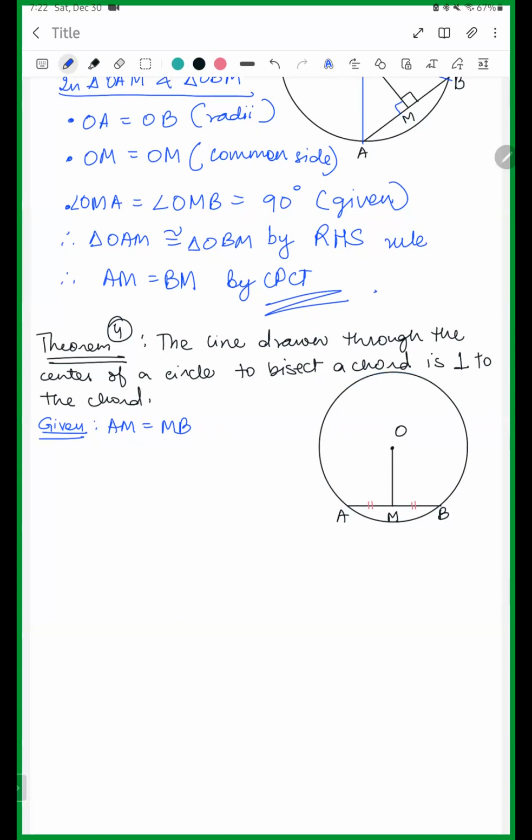Is perpendicular to the chord is what we need to prove, to show that OM is perpendicular to AB. Similarly, the same way which we did the previous one, consider these two triangles and show them as congruent.